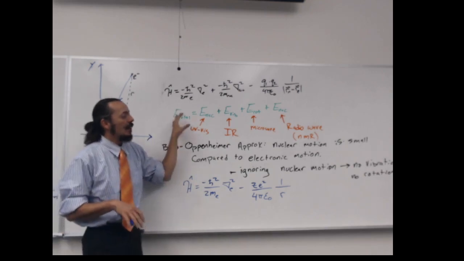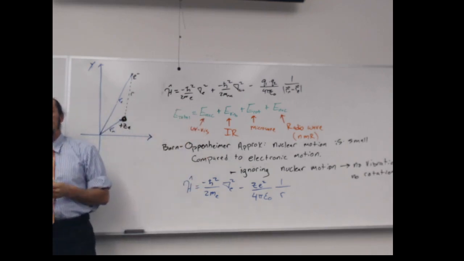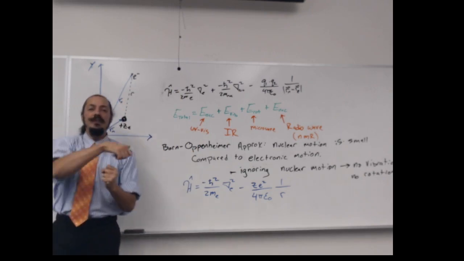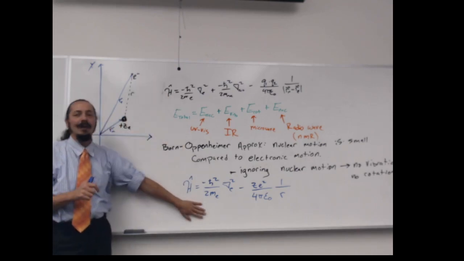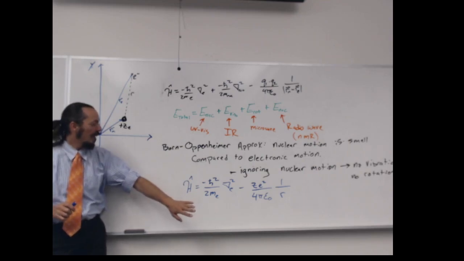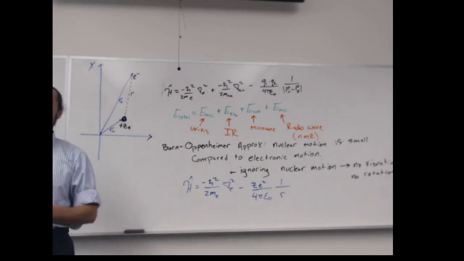Now, this energy argument and this kinetic argument, this momentum argument of how fast the nucleus moves versus the electrons, is a little bit of an oversimplification of the Born-Oppenheimer approximation, but it gets us where we want to be right now in terms of simplifying our Hamiltonian so it's only one set of coordinates, right?